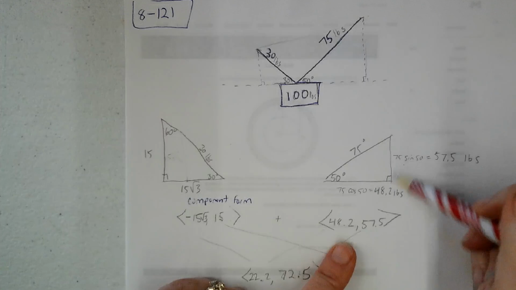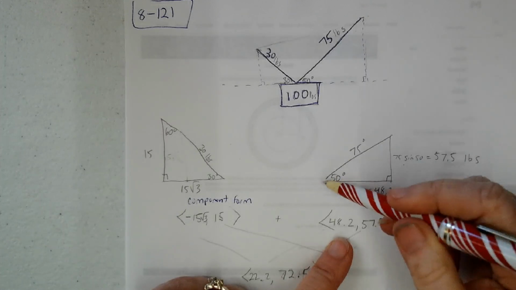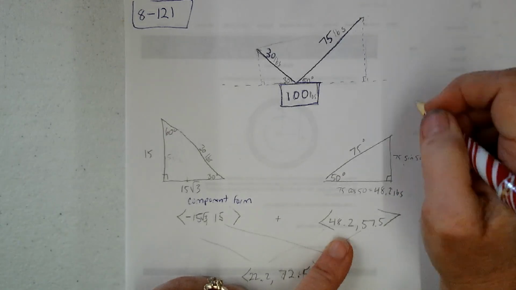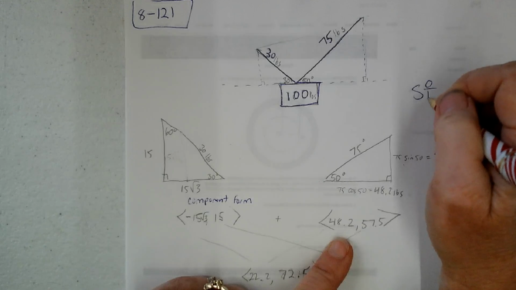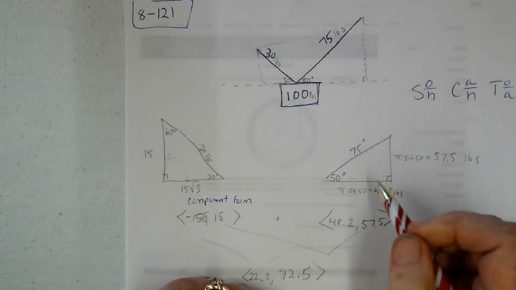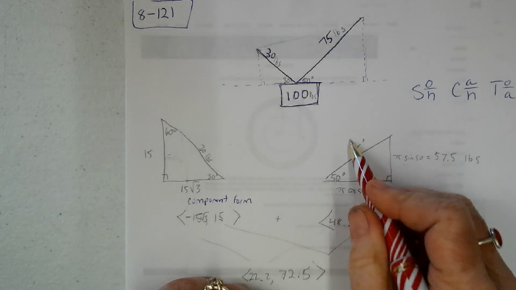Then I wanted to do the same for this, but it wasn't a special right triangle. So the way you can get your side lengths is to use SOHCAHTOA, though you don't need the TOA part. You need cosine for down here because this is adjacent over hypotenuse.